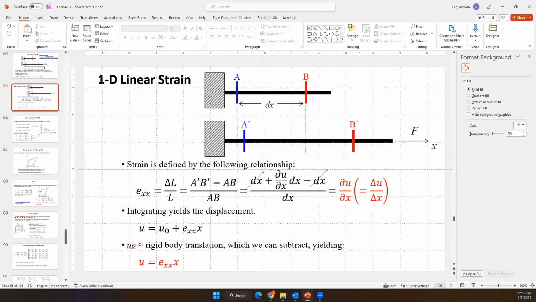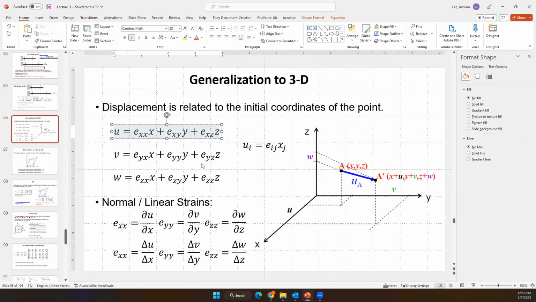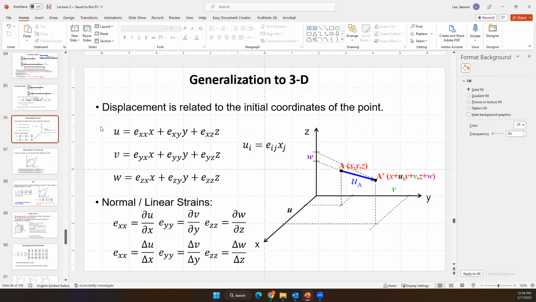Okay, moving on. If we stretch or apply force, the material could be stretched or extended.